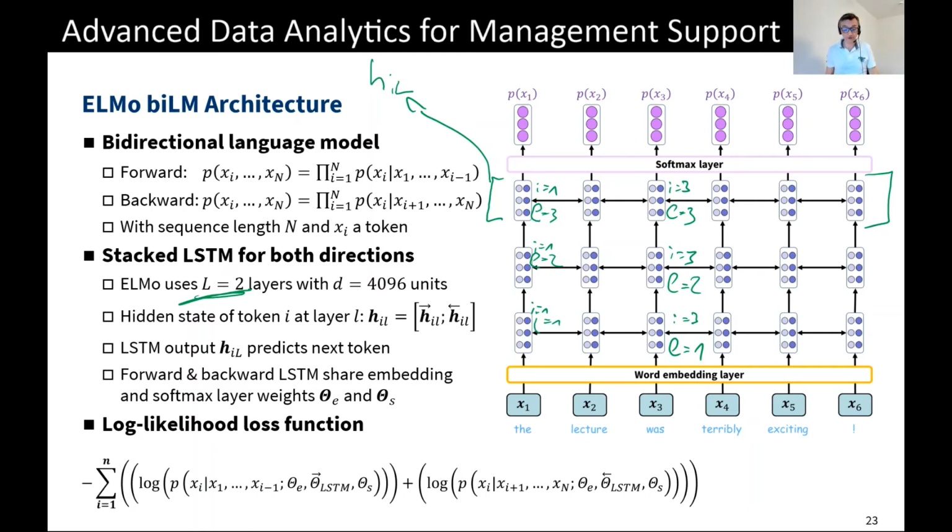And in my picture, I need a new color. When we look at the forecast, we have this softmax layer, a dense, fully connected layer where we put a softmax in order to obtain a probability distribution over words as our output.